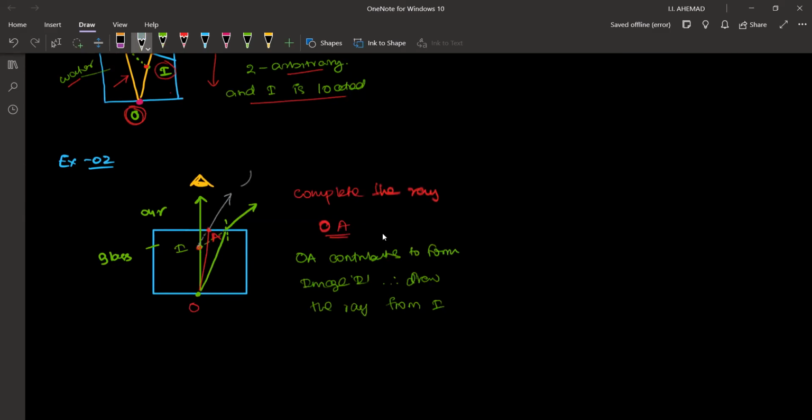So this has to be the direction of ray, or this is the refracted ray. Okay. Hope the idea is clear.